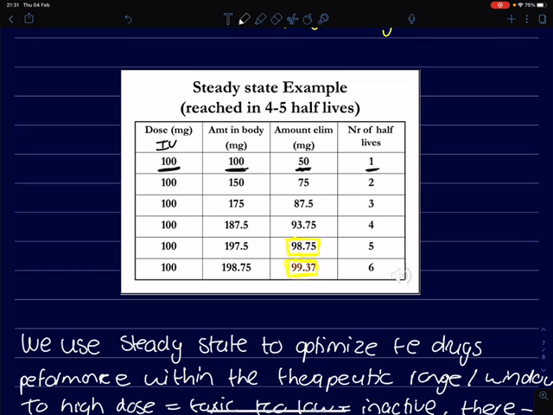After one half-life, you administer another 100 milligrams of morphine, but remember there's still 50 milligrams left in the blood, therefore there's 150 milligrams in the body. After the second half-life, this halves once again and you get 75. And then it goes on, and here one will reach steady state, where the dose administered is the same as the dose eliminated.